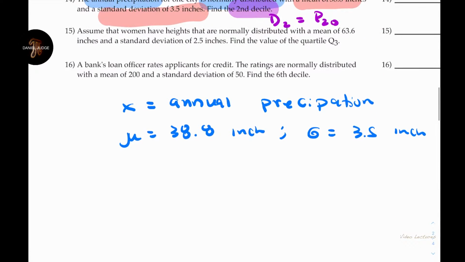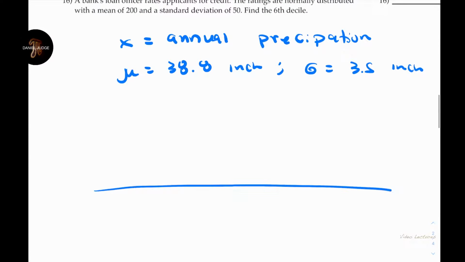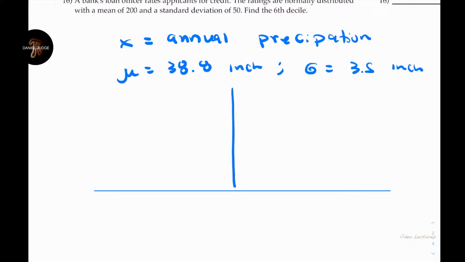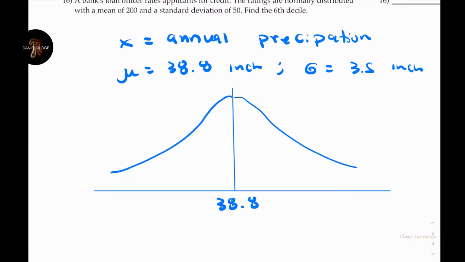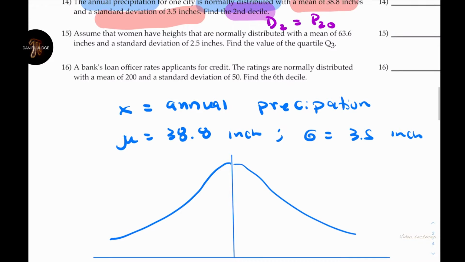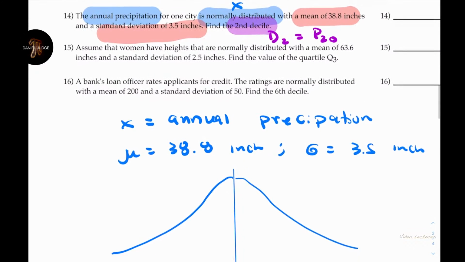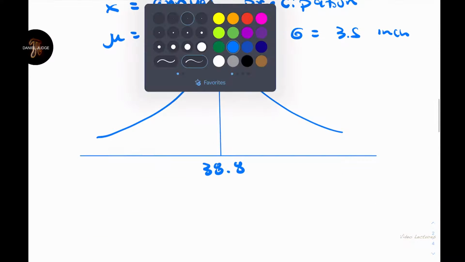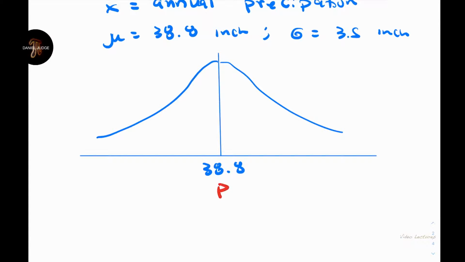So for number 14 now, let's draw a picture of the question here. Here's your bell. 38.8, right in the middle. Now D2, 20th percentile, is anything smaller than the 50th percentile, right? Remember, this is P50 or D5.